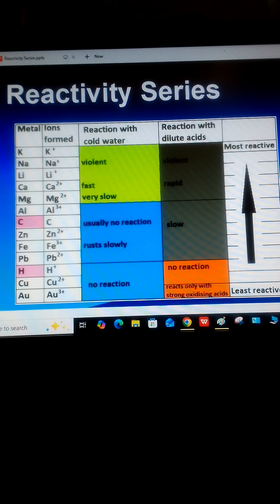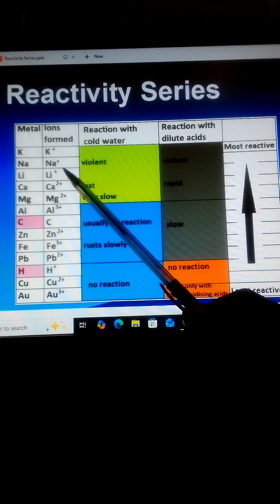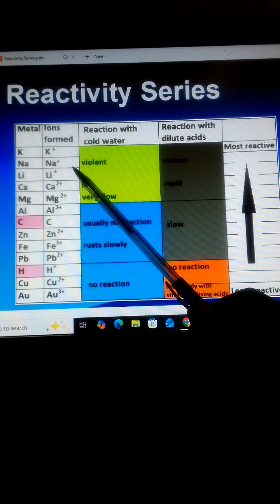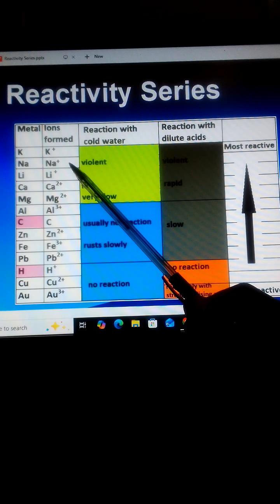Now, such a metal that's more reactive, it loses electrons more easily in reactions to form cations. So a metal like sodium readily loses its electrons in a reaction to form cations. Like in this case, sodium ion.